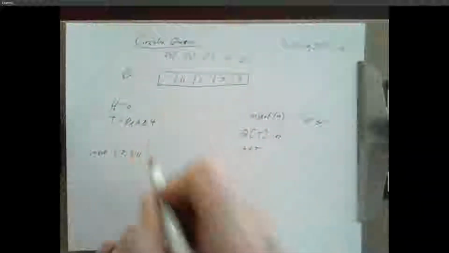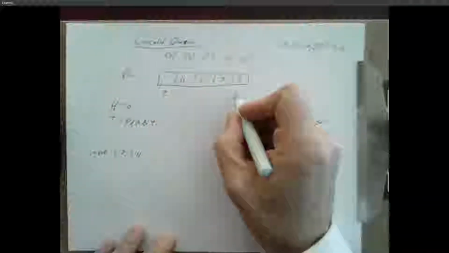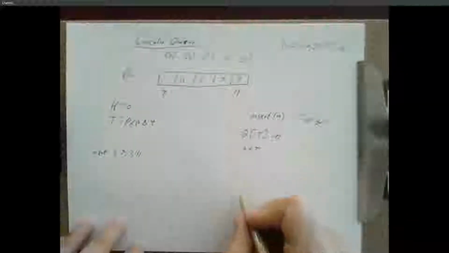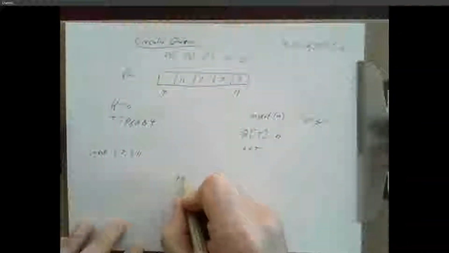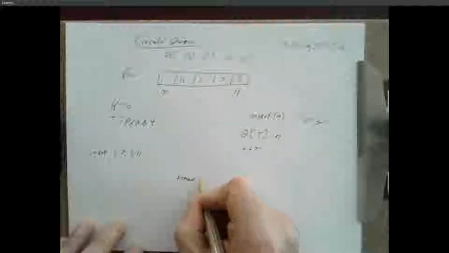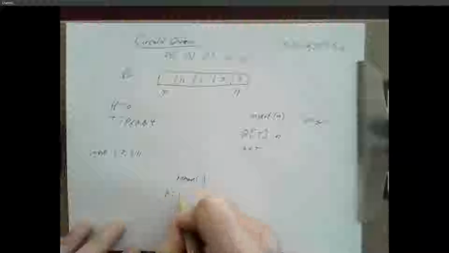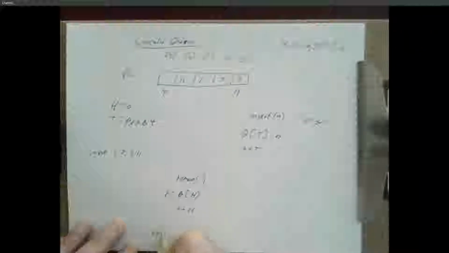Tail becomes 4. So our tail is right here. Our head is still a 0. Head is telling us where to read from. So our remove code: r equals q bracket head, increment the head, return r.